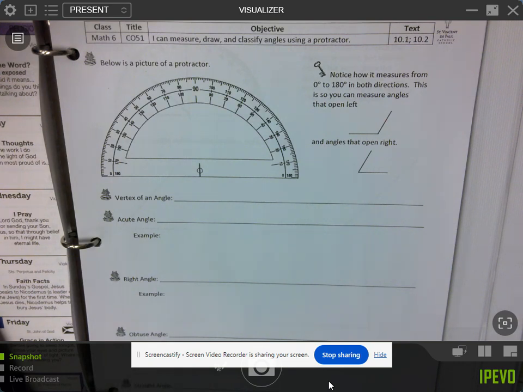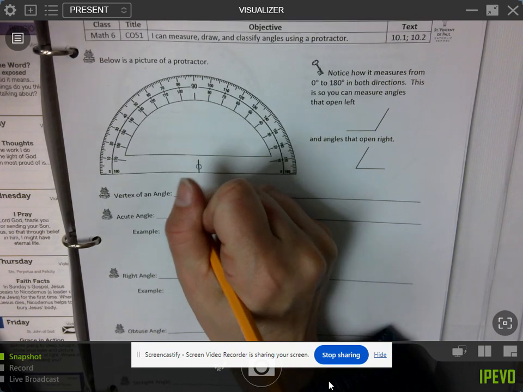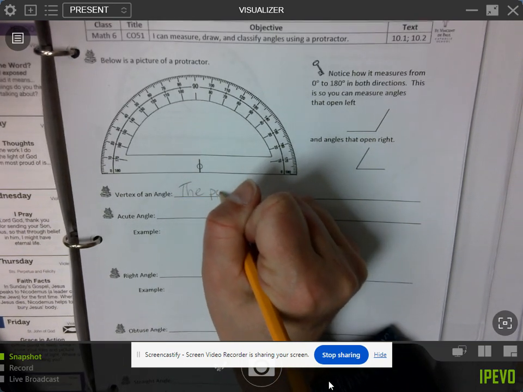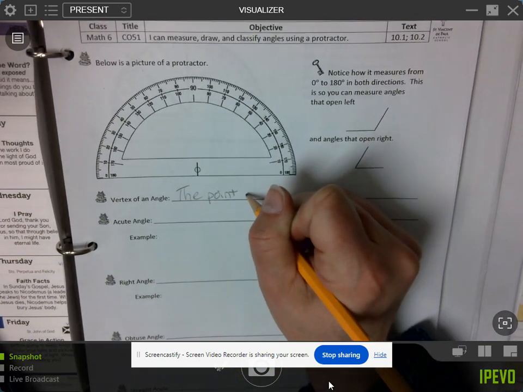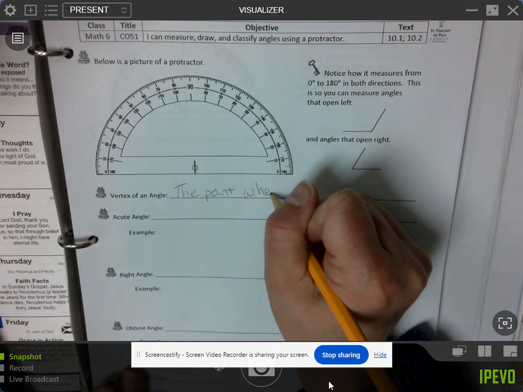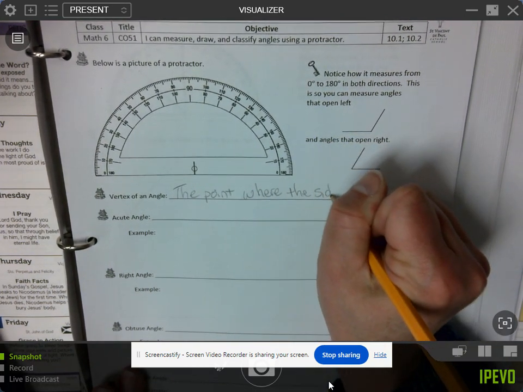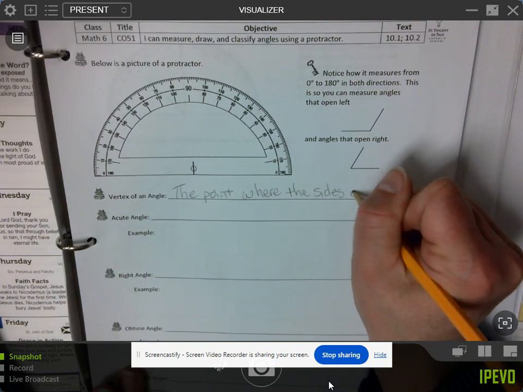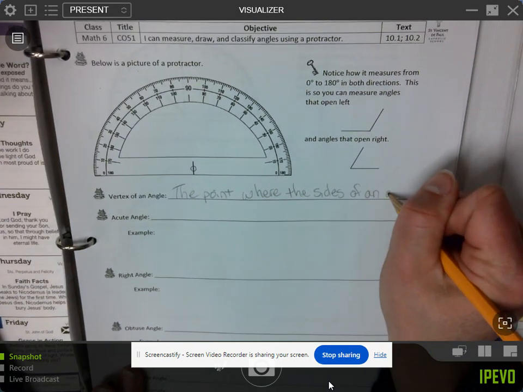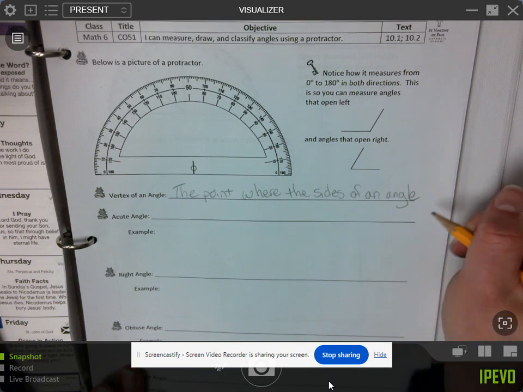So our first key term that we're going to write in is the vertex of an angle. Thank you. The vertex of an angle is the point where the two sides of an angle meet.